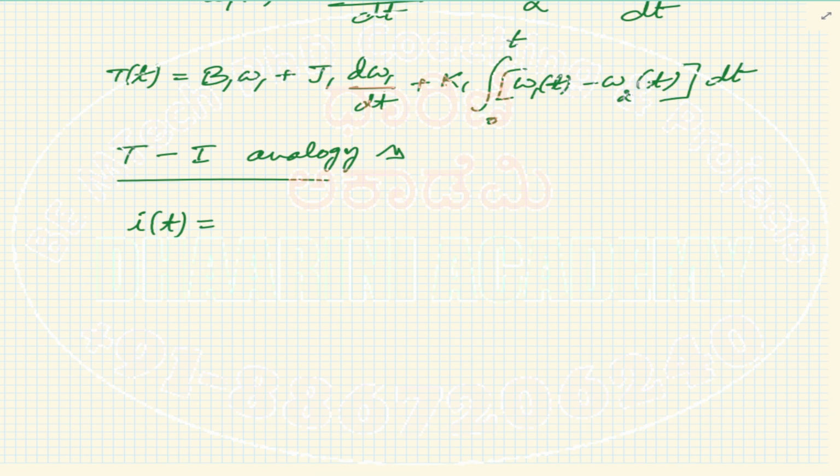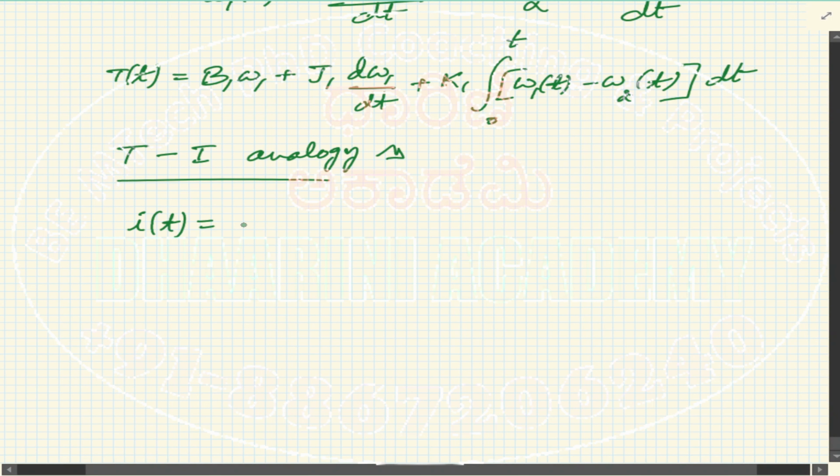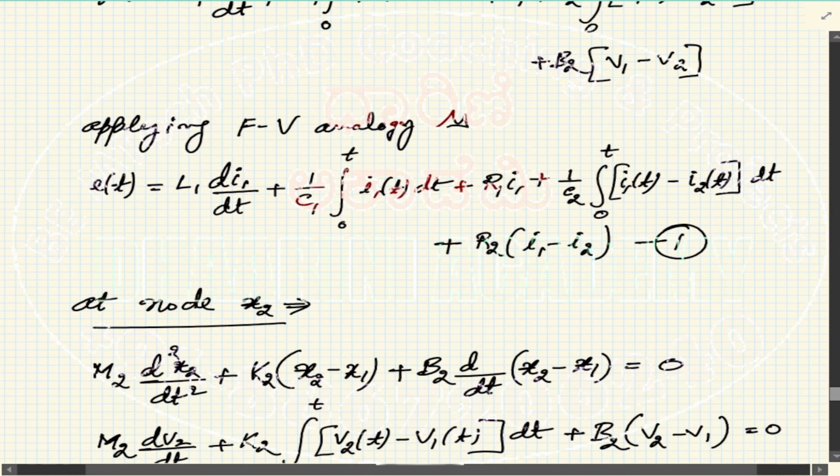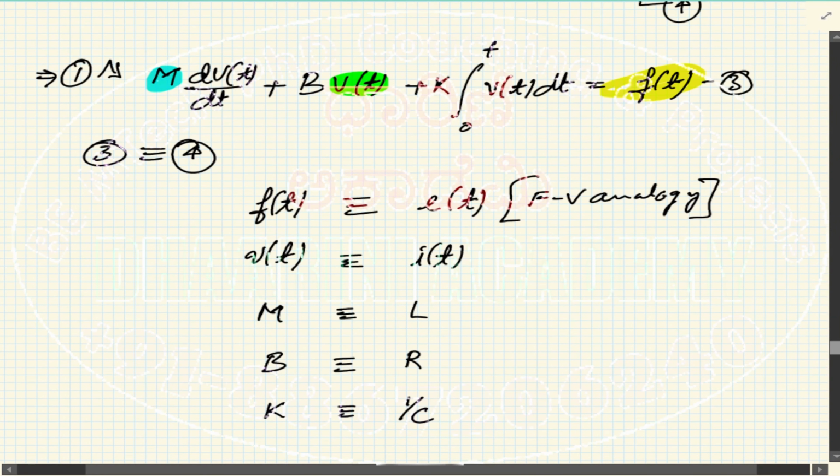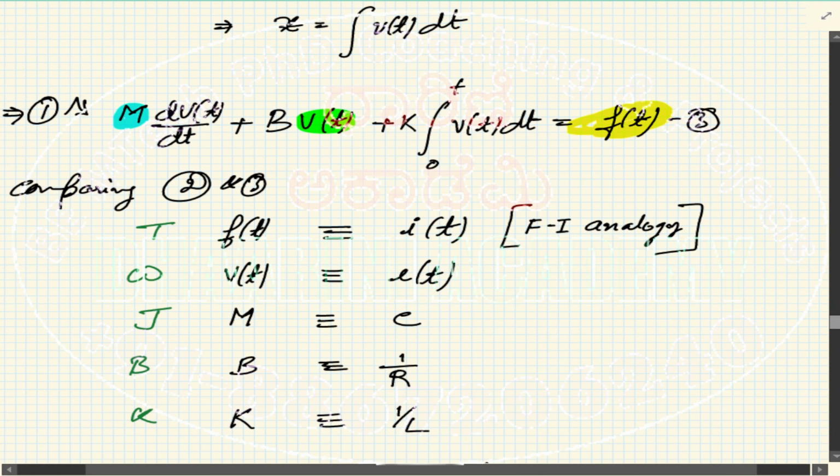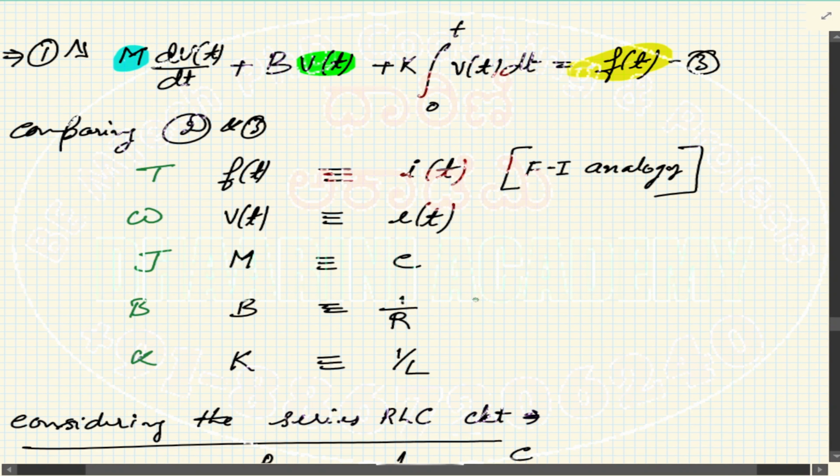Should be equal to, if you compare, B1 and R1 are equivalent, let me just verify. Yes, so B becomes 1 by R1, correct? K becomes 1 by L, B is 1 by R, mass, in the sense J, becomes equal to capacitance, omega is E, torque is I.